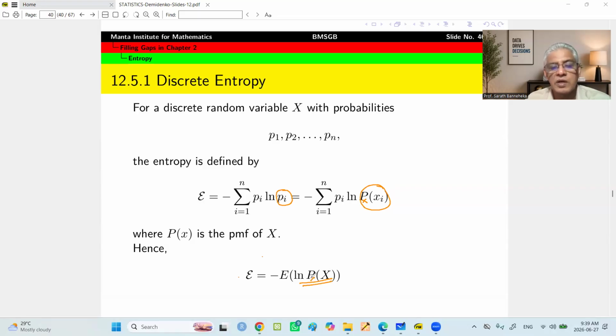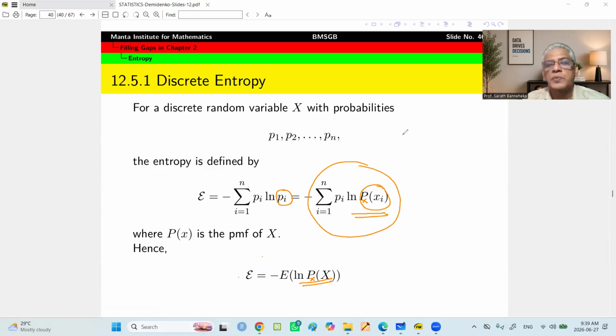Here we are evaluating pX at a sample xi, but when you consider the expected value, you can see this whole thing is a negative expected value of this random variable.